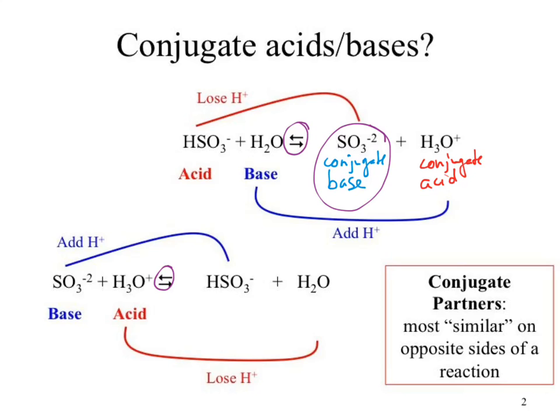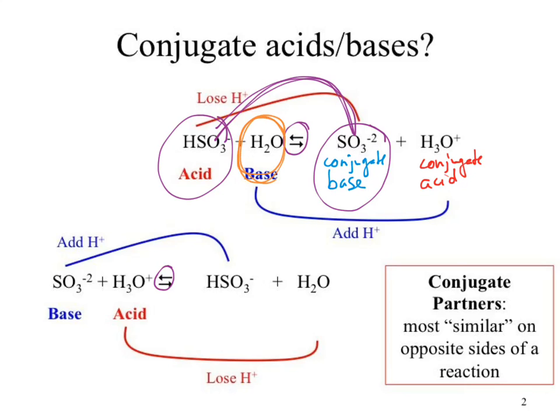Okay, so our conjugate partner of SO3 minus, or SO3 minus 2, has to be on the other side of the reaction. Which of them is it? HSO3 minus. Why is it HSO3 minus and not H2O? Because H2O is not similar to the. It comes to similarity. Yeah. Okay? Our conjugate partners are the most similar species on the opposite sides of our wall, or our opposite sides of that reaction.